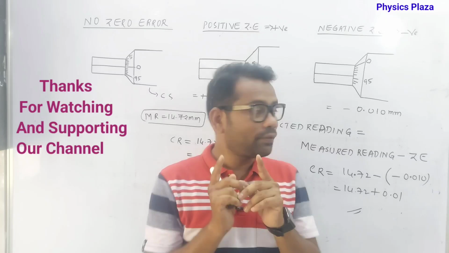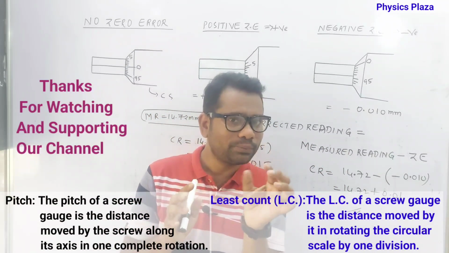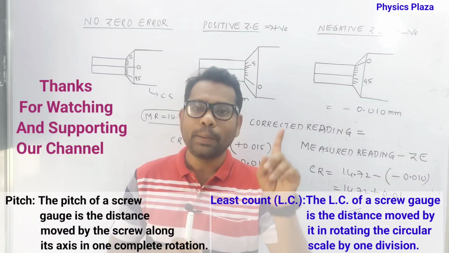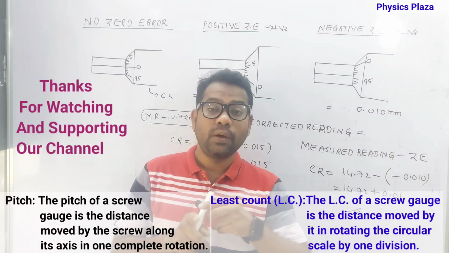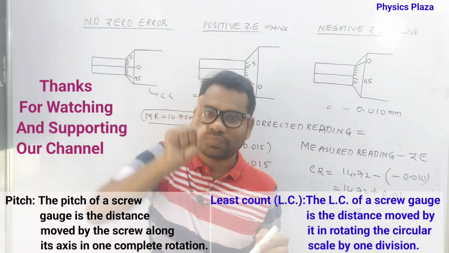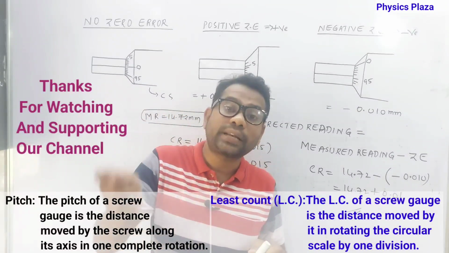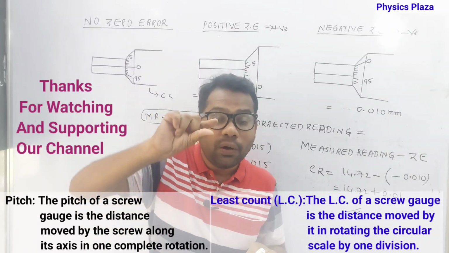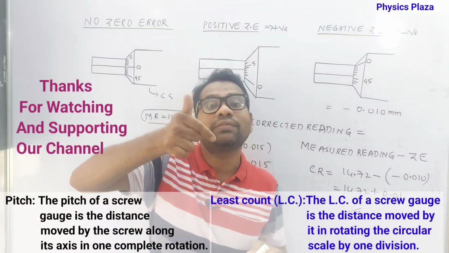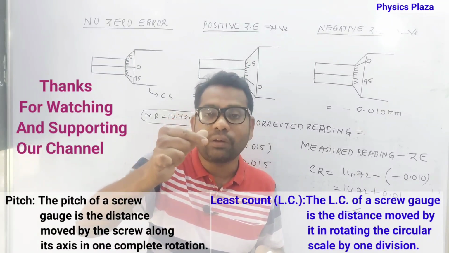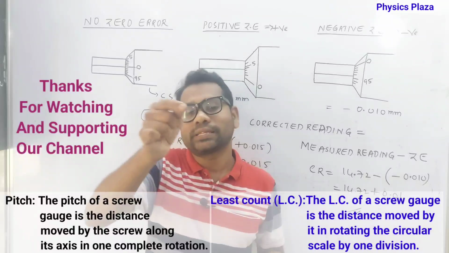Both seem to be the same but there is a small difference. Pitch is the distance covered by the screw for one complete rotation. Least count is also the distance traveled by the screw, but for one division of the circular scale, that is, when we rotate only one division. The distance it covers is the least count.